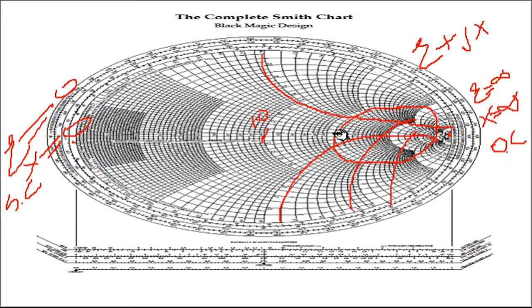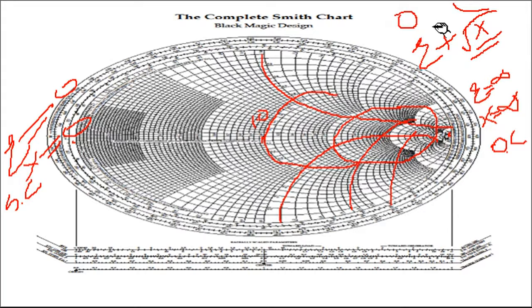So the complete circles represented on the Smith chart are called constant resistance circles, and the arcs which you are able to see are called constant reactance arcs. So r is represented by complete circles and x is represented by arcs.